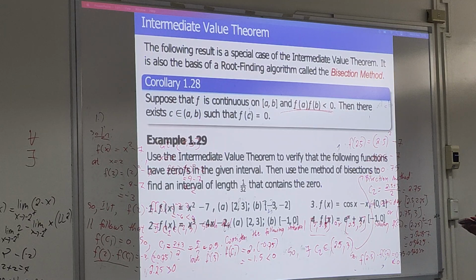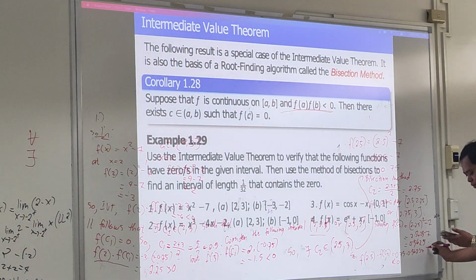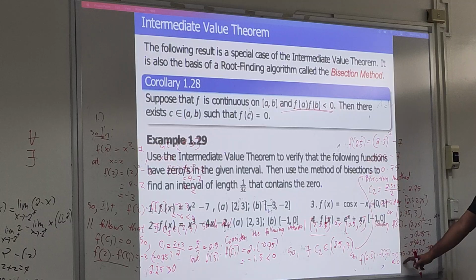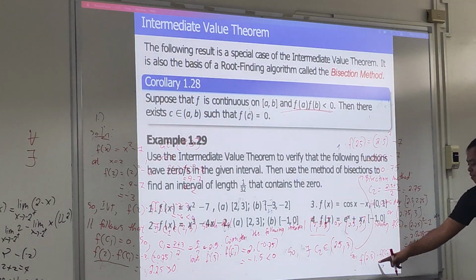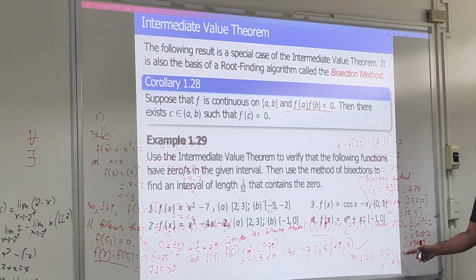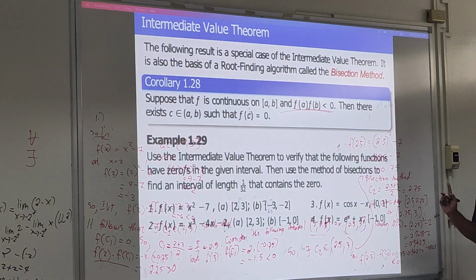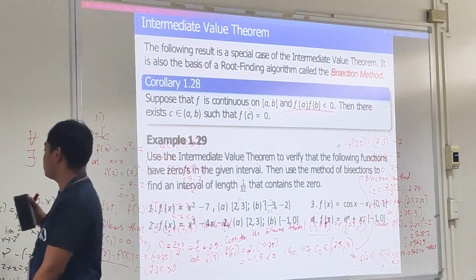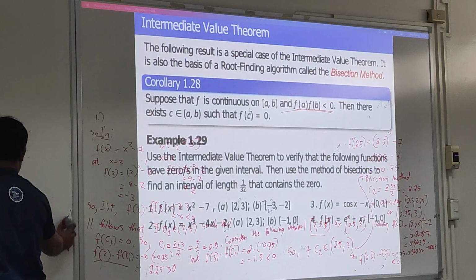That is negative 0.4, and that is less than 0. So here, of course, we are sure that in this given interval from 2.5 to 2.75, there exists a number for which f is zero. So this interval, one last time.